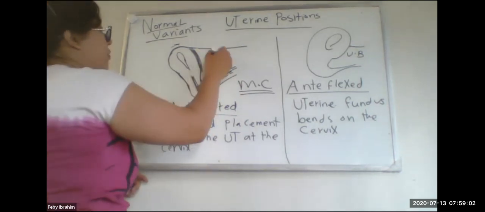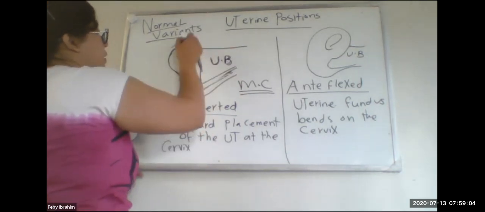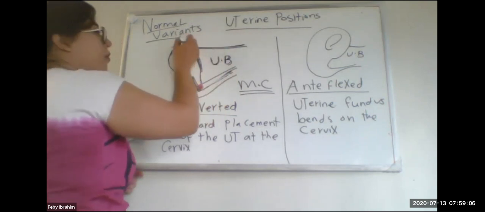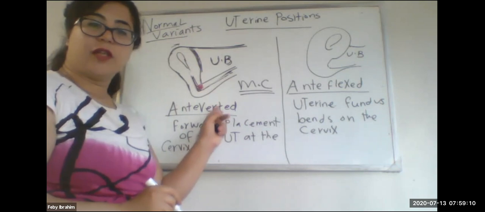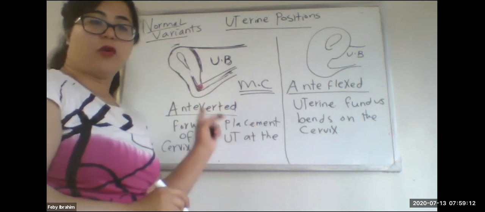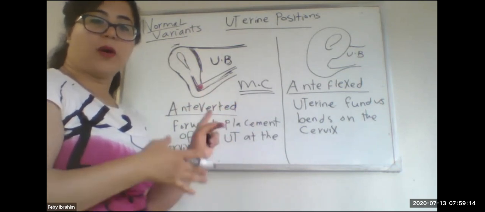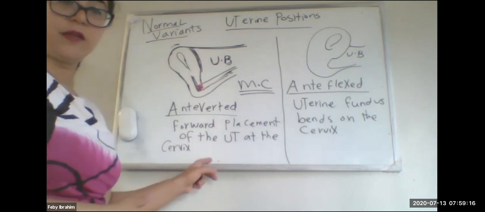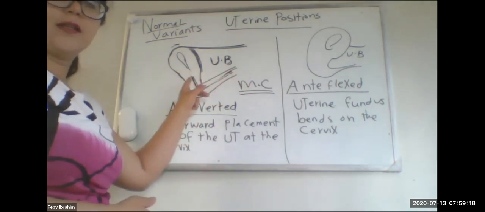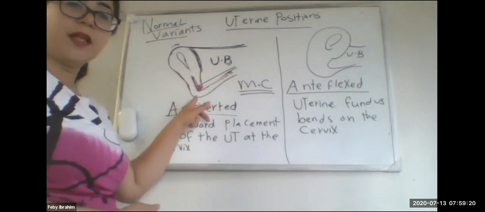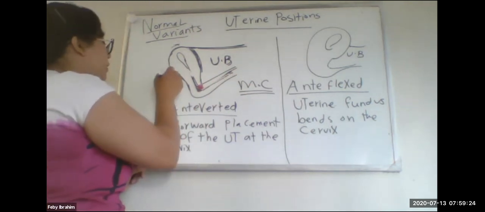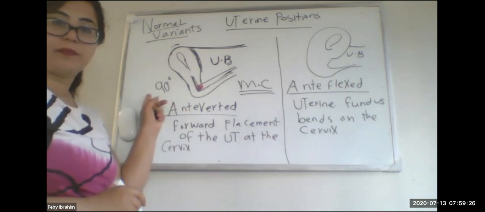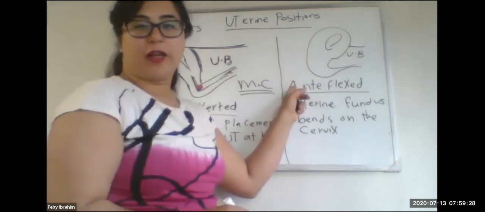See how the urinary bladder is covering the dome of the fundus. This is the anteverted, the most common, a forward placement of the uterus at the cervix, forming a 90-degree angle.